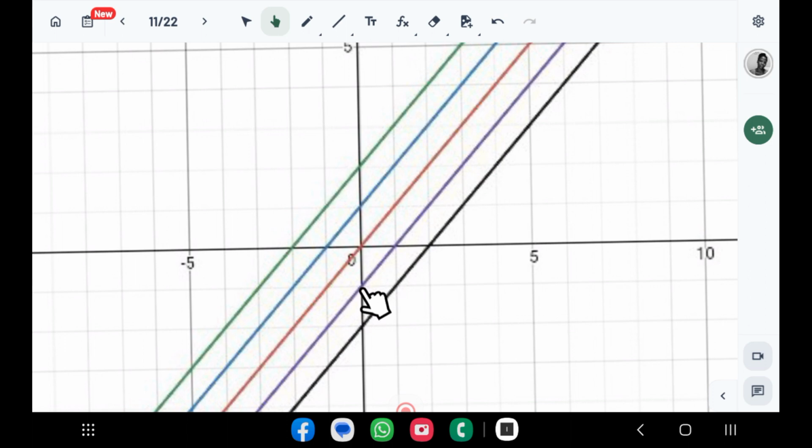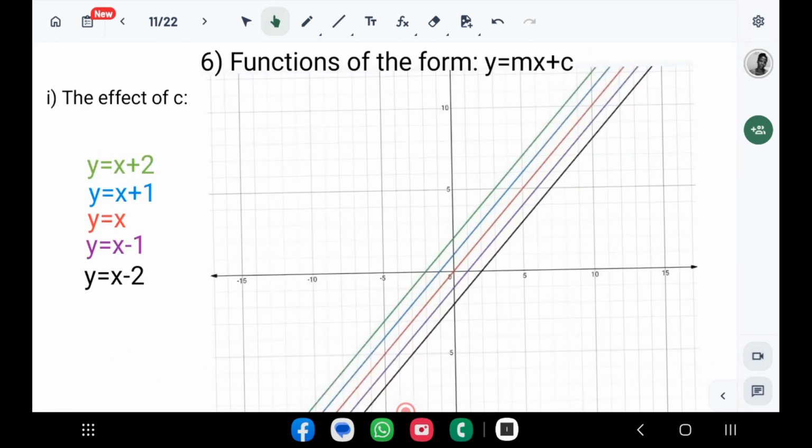So here, your x-intercept is at negative 1. Same with c equals negative 2, y equals x minus 2, you've shifted the red graph 2 units down. And that is the effect of c. You move the graph up and down depending on whether it is positive or negative.